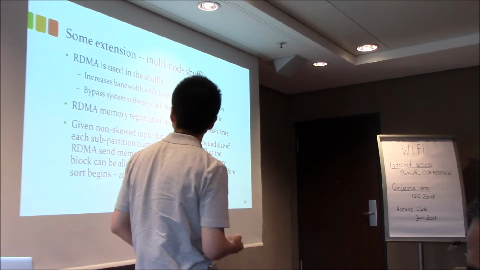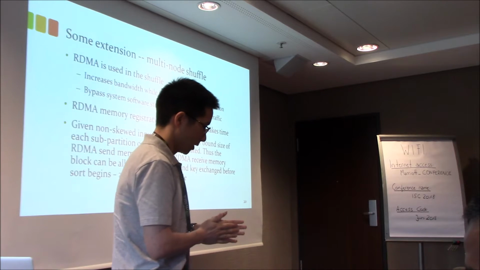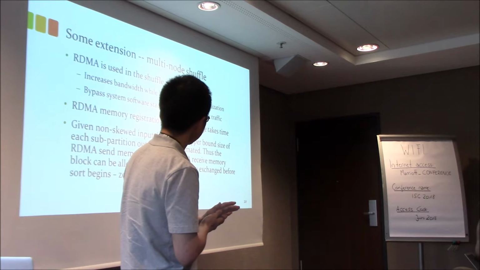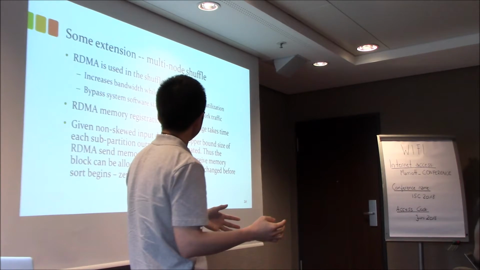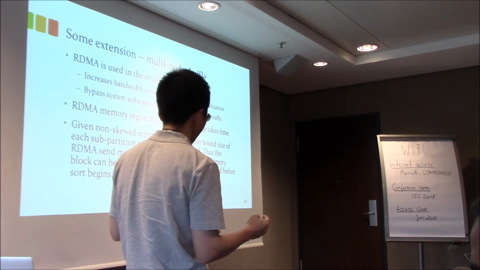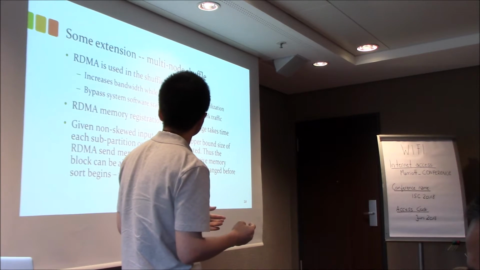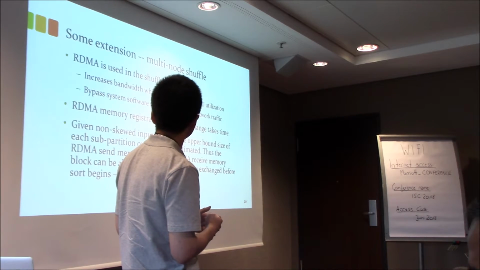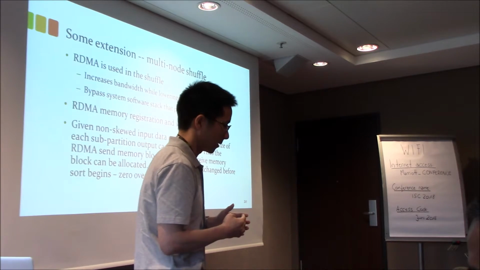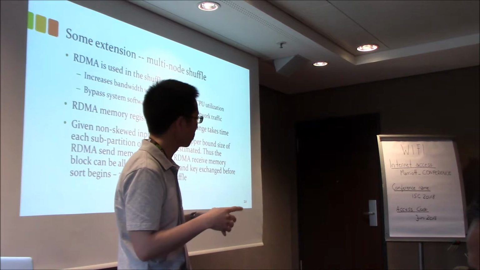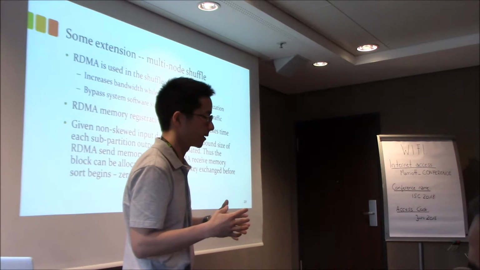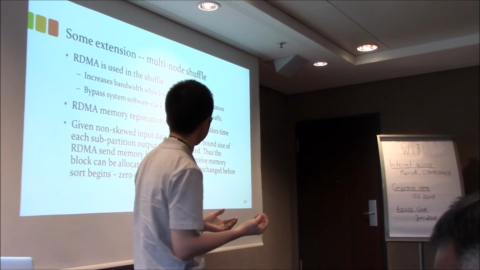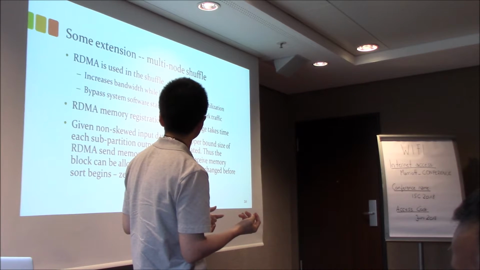Here is some extension we did towards multi-node sort. I'd like to mention that we use RDMA in the shuffle. It lowers memory access and frees the CPU, so it is good for the sort algorithm.